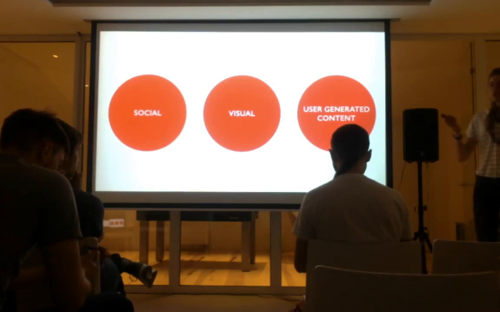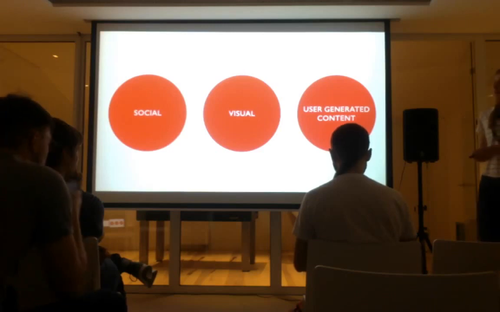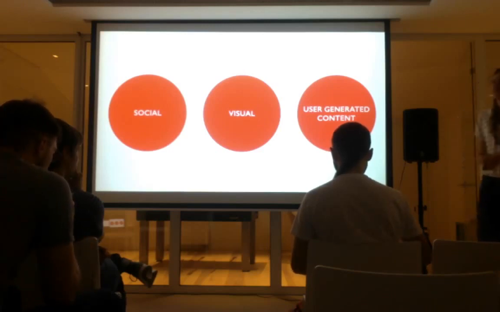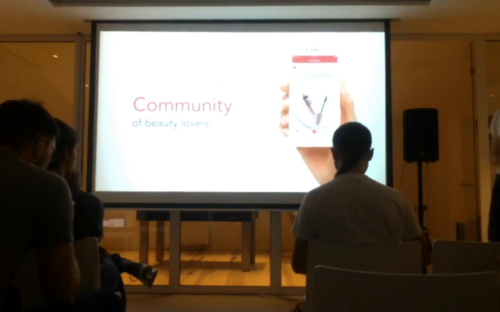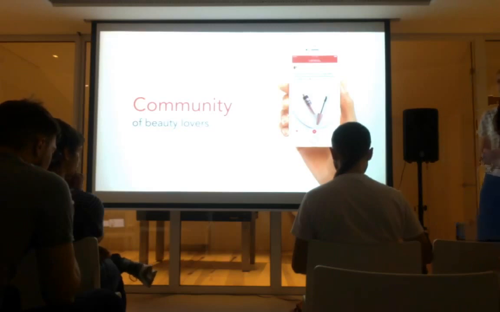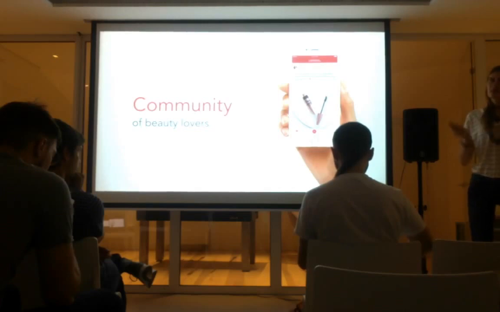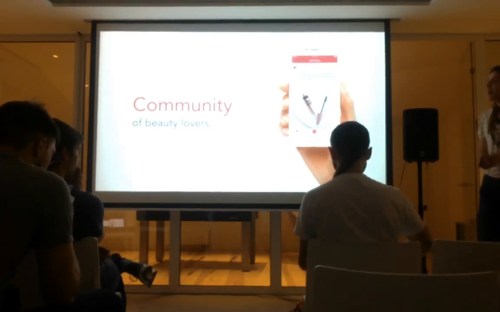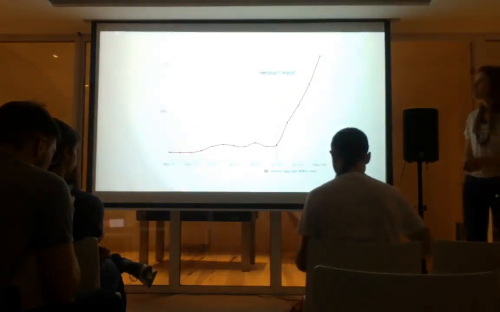This was the outcome from our exercise. We had no other way to do it, so we created a community of beauty. That was kind of a gamble, but that was the way we decided on the molecule that we're going to take, and we see how it goes. And it went actually pretty well.